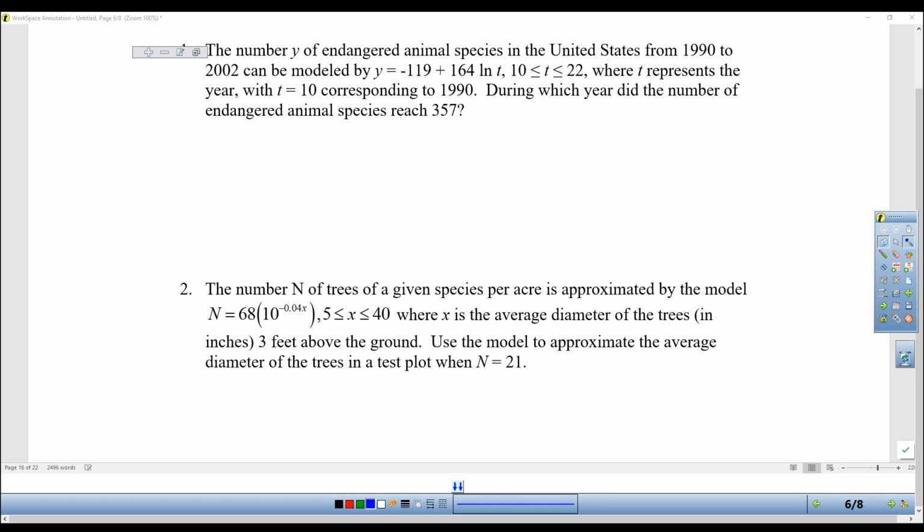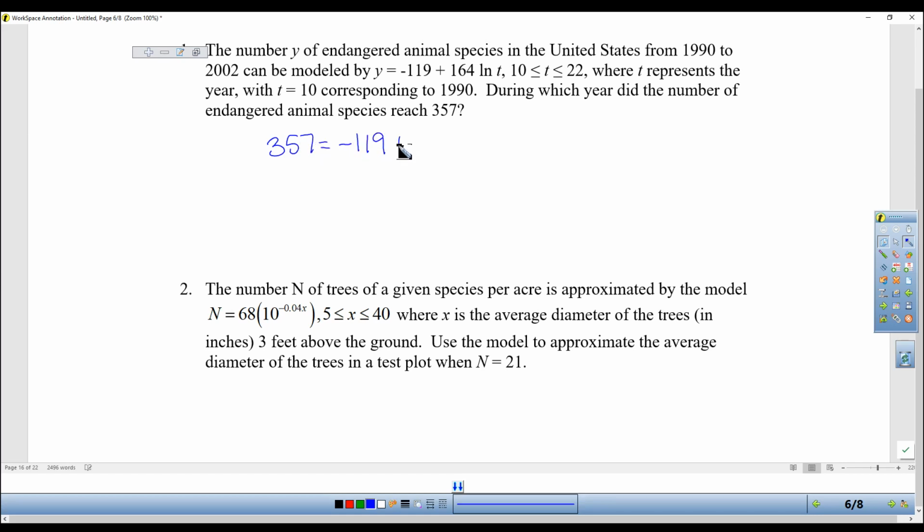During which year did the number of endangered species reach 357? So the question is, does the 357 go in for the y or in for the t? Well, the species is the y and the t is the time, so we're going to put it right there.